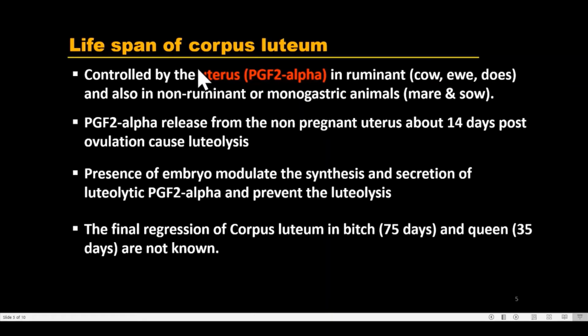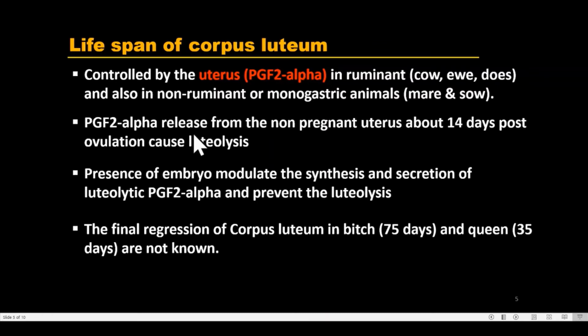The lifespan of the corpus luteum is controlled by the uterus, through uterine secretion of PGF2 alpha, in ruminants such as cow, ewe and doe, and also in non-ruminant monogastric animals like mare and sow.